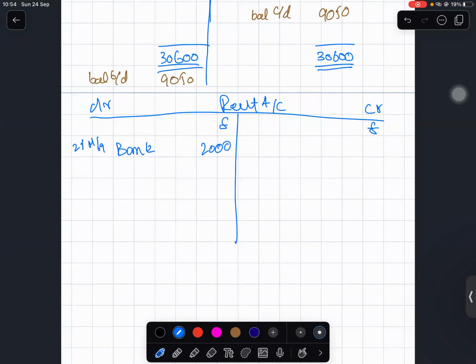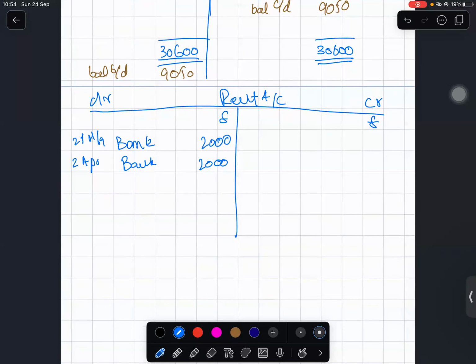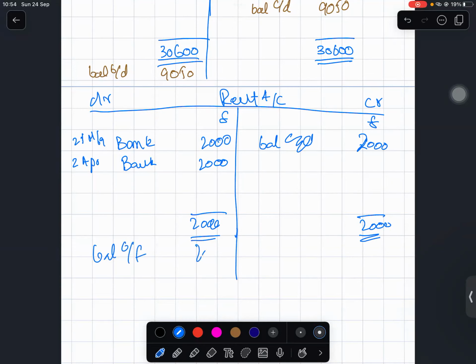And then again, they tell us that on 2nd April, again through the bank account, £2,000 worth of rent was paid. Now, once this has been paid, 2,000, this would be balance carried down here, and this would be balance brought forward here.